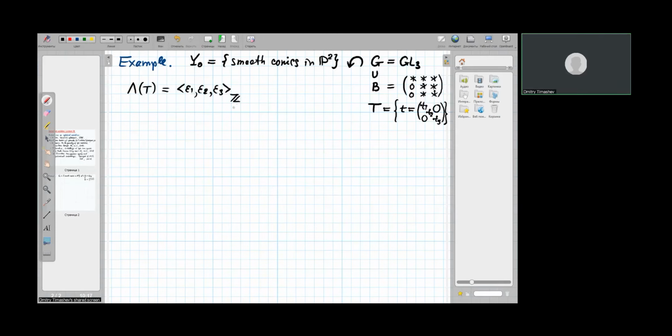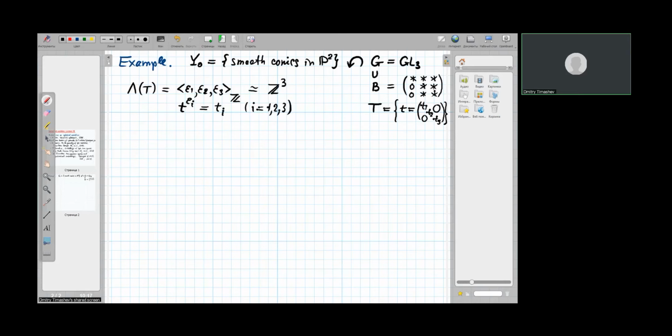This is the basis of this lattice over Z. These basic characters, epsilon i, are just diagonal entries of the matrix T. So in my notation, which I used previously, T to the power epsilon i, which is just the notation for the value of epsilon i at the element T, is by definition the ith diagonal entry of the matrix T. Okay, so this is my notation.